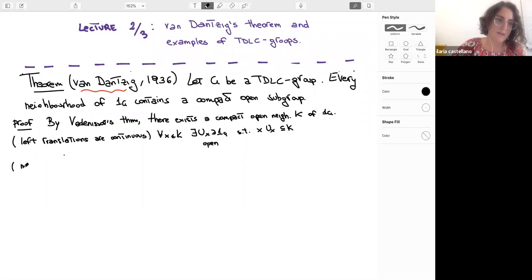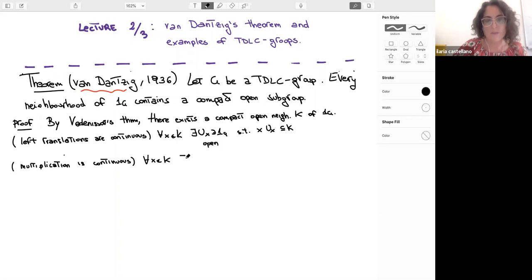So I use the fact that multiplication is continuous. And then for any x in K, there exists a V_x, open, containing the identity, such that the product V_x V_x as a set is contained in U_x.